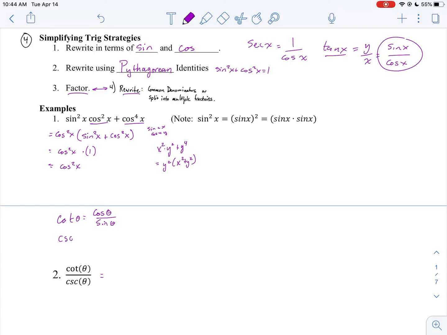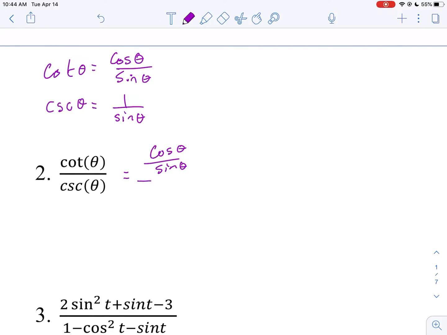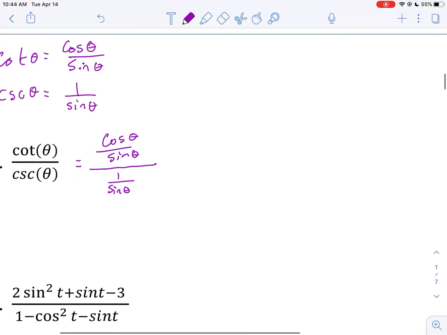If you look further up, you'll see cotangent theta is cosine over sine. And we know cosecant is the reciprocal of sine. And so we just rewrite those cotangent as cosine theta over sine theta. All of that divided by cosecant, or 1 over sine theta.